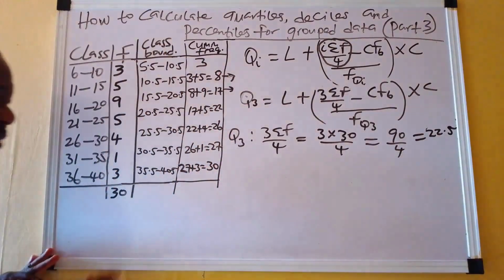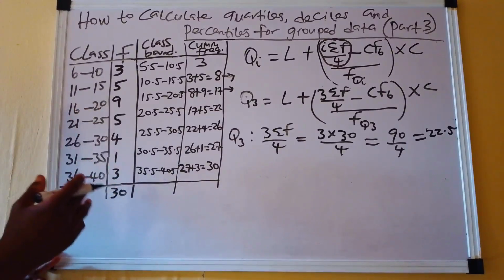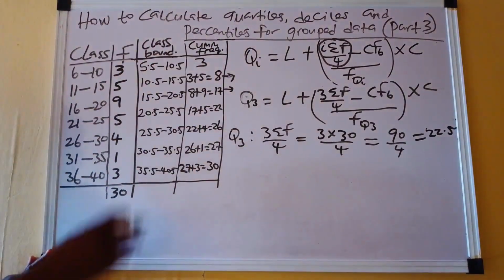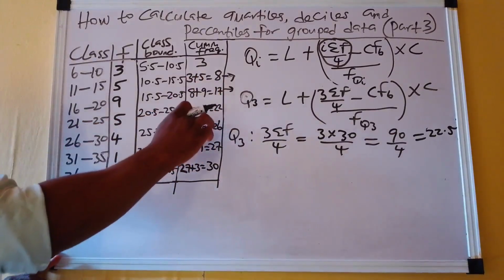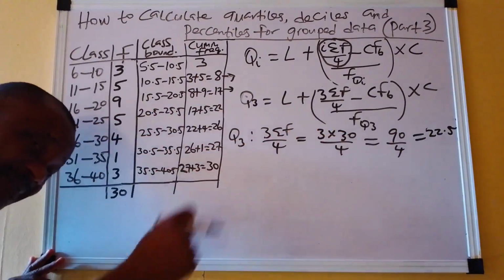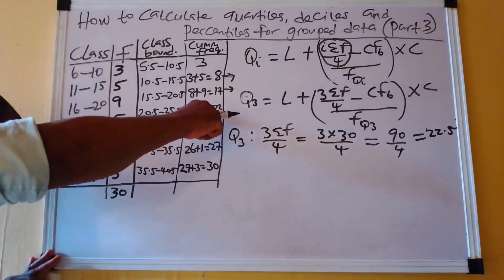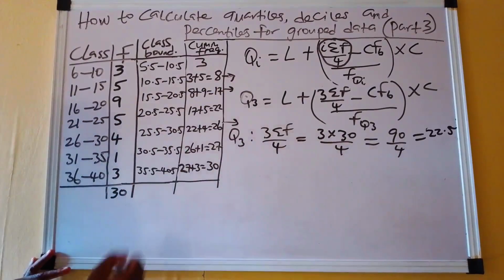Now, let us bring out the things that we need. Where does 22.5 fall? Look at the cumulative frequency column. This place is 17. This place is 22. But what we have there is 22.5. It simply means that it has left this class by 0.5. So the Q3 class is this class.